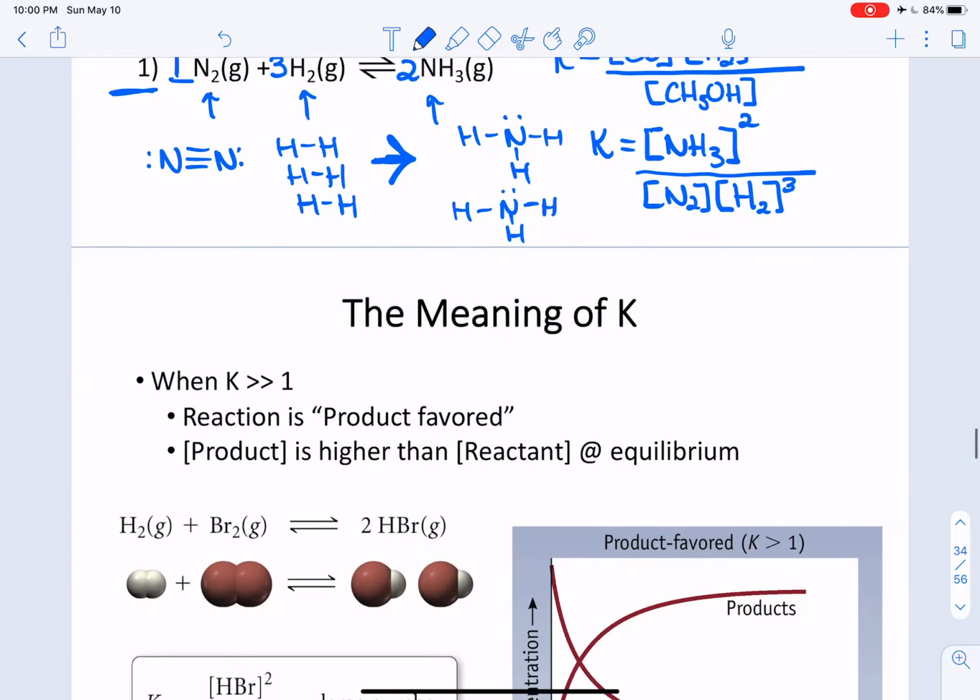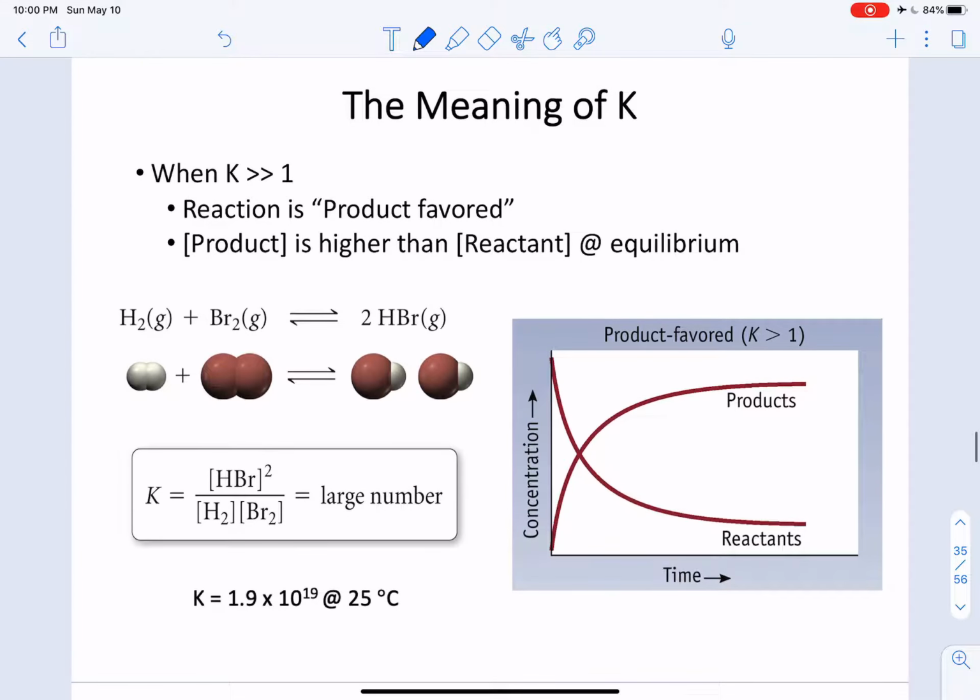Now, why on earth would I do all of that? Why? This kind of seems a little crazy. Well, there's a meaning to the numerical value of K once we start putting numbers in there.